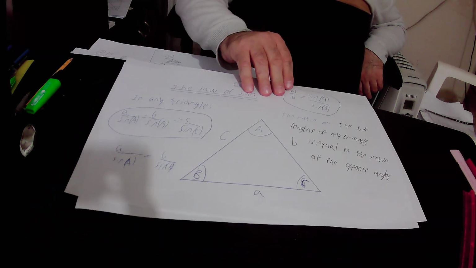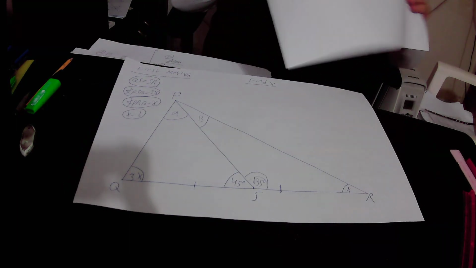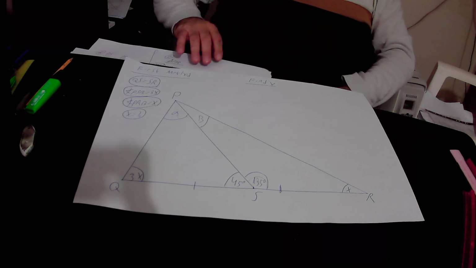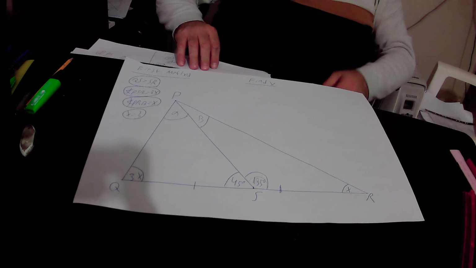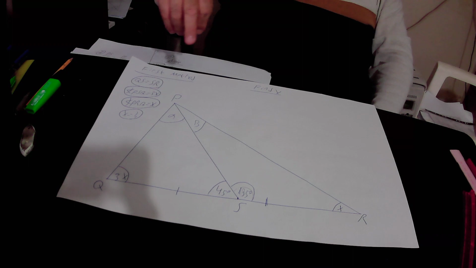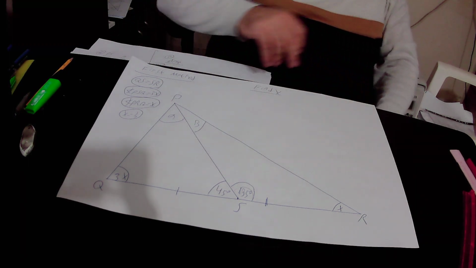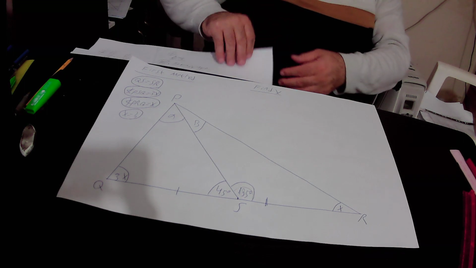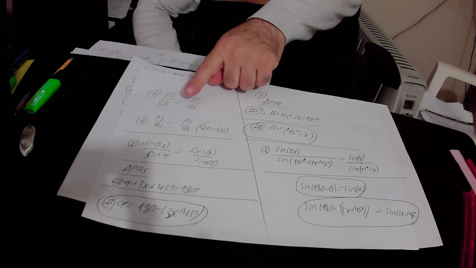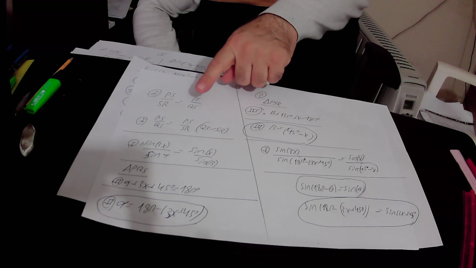Then we focus on our original drawing. In our original drawing, we can create equation number 1 that states that PS over QS equals PS over SR. Why is this equation true?